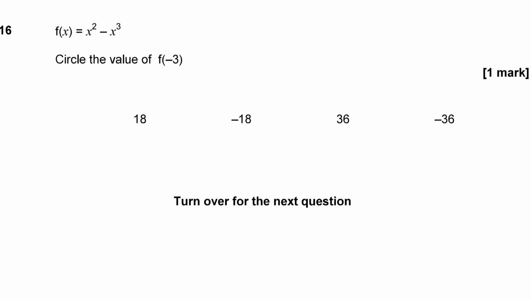In question 16, we're given the function f of x, which is equal to x squared minus the cube of x, and we need to circle the value of f of minus 3. Right, f of minus 3 is where we take x and replace it with minus 3. So negative 3 squared minus negative 3 cubed.